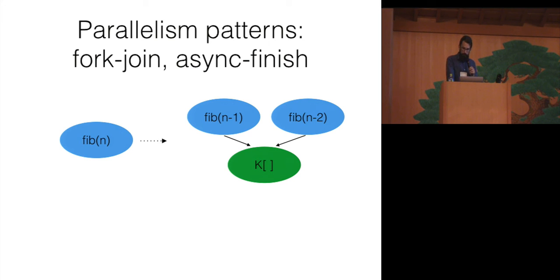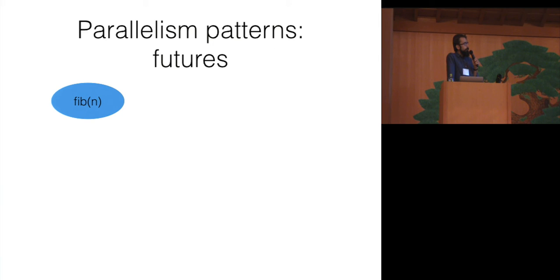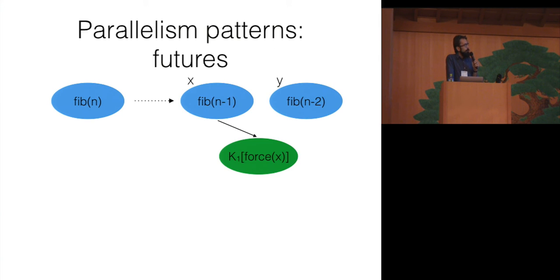How about futures then? With futures, the case is slightly different. What we get is two futures that can compute in parallel, and one of these is not necessarily needed for anything. For fib of n-2, we are not sure whether we need it, but we have forced the future named x here, which has introduced a dependency.